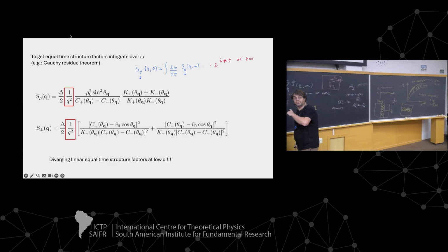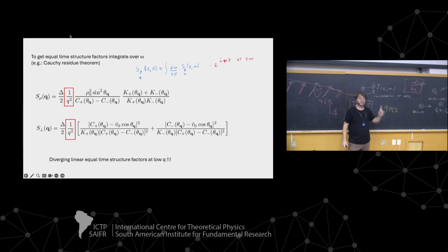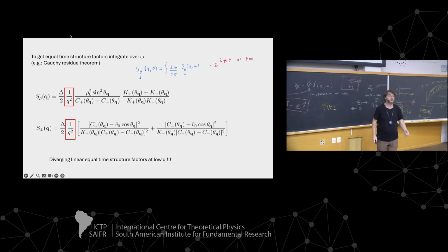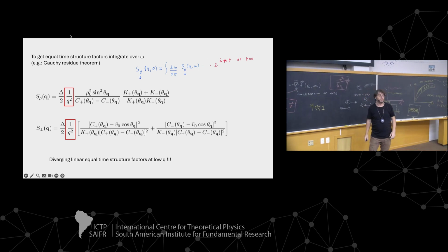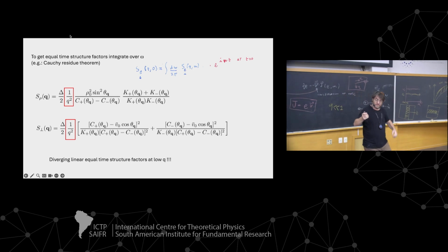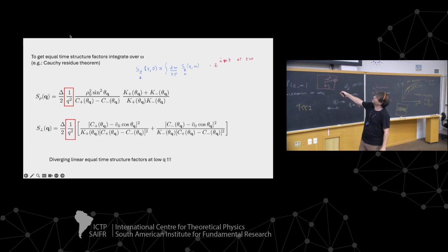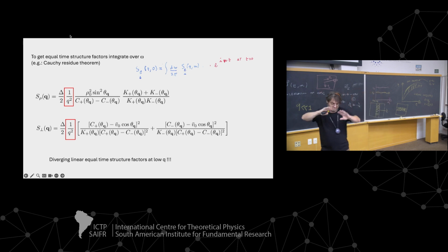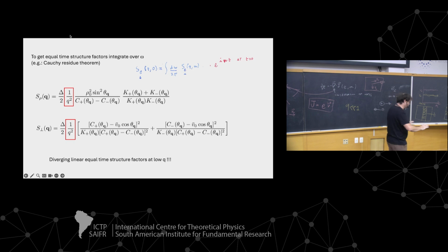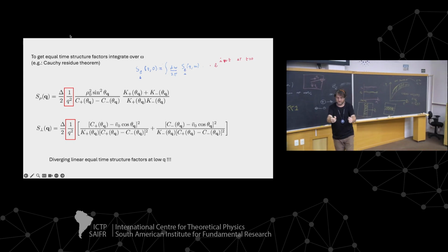I tried. If you put in Mathematica, Mathematica knows how to do that integral. But you also know how to do it with the Cauchy residue theorem, okay? And a little bit of work. That's the result, which again, you say, oh my God, that's horrible. You see, you have this K plus, C minus, C plus. First time you look at it, you read the paper and say, oh my God, what does it mean?